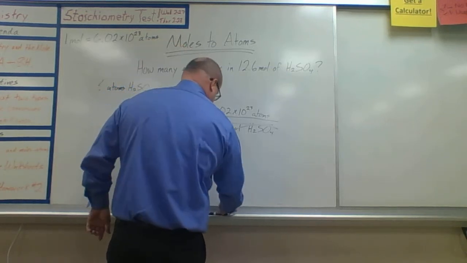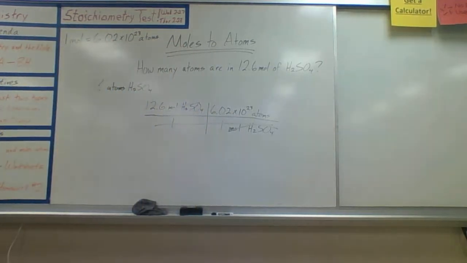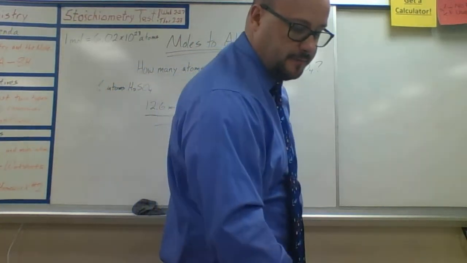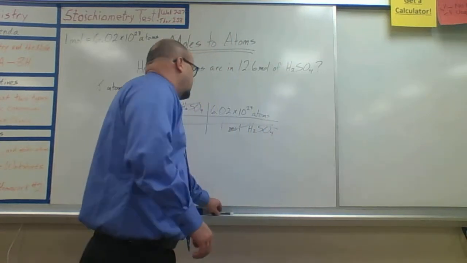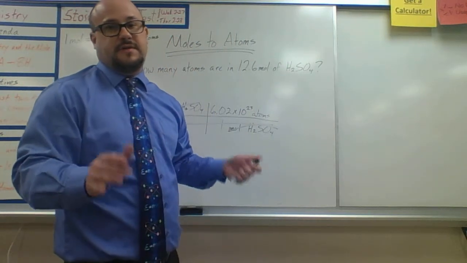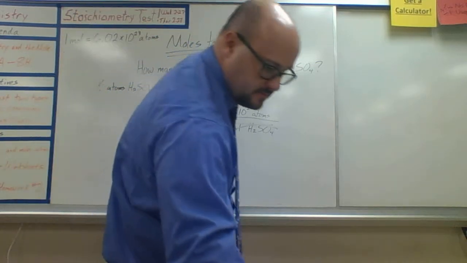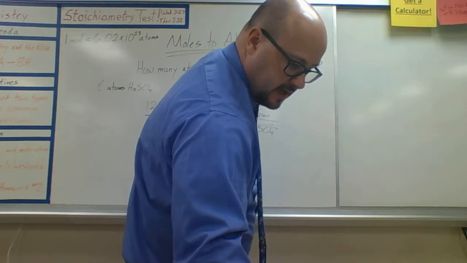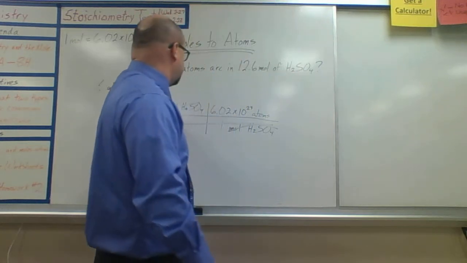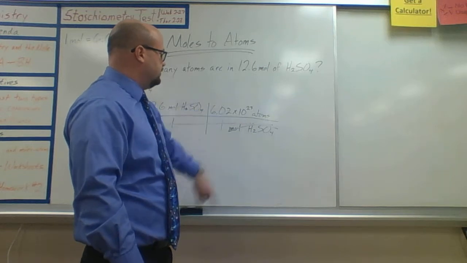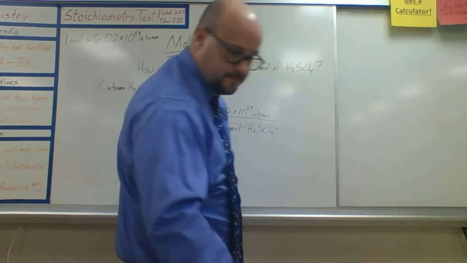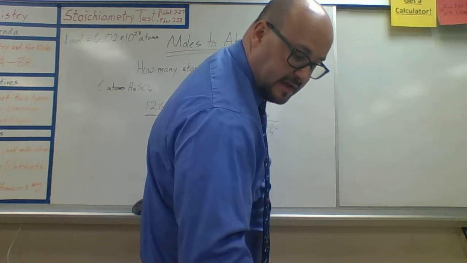And now is where you need a calculator. Remember, this is the simplest, easiest way to do it without making mistakes. You're going to say 12.6 times, open parentheses, 6.02 EE.